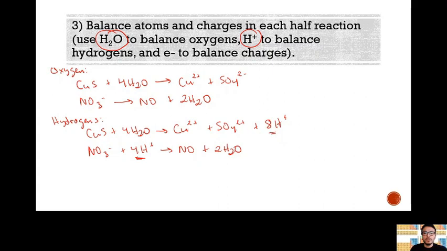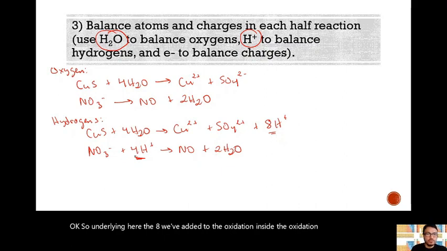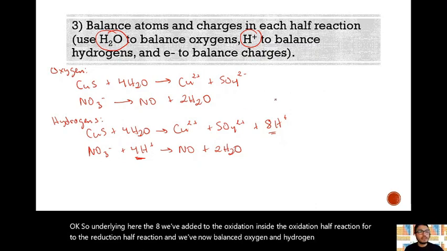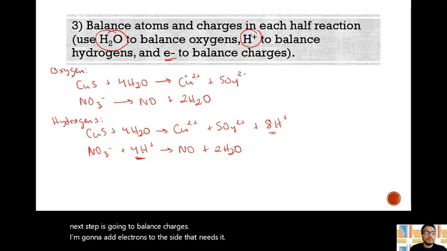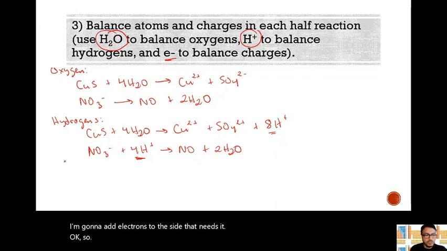Okay, so underlying here, the 8 we've added to the oxidation half reaction, 4 to the reduction half reaction, and we've now balanced oxygen and hydrogens. So now the next step is we're going to balance charges, and we're going to add electrons to the side that needs it. Okay, so should have enough room here.